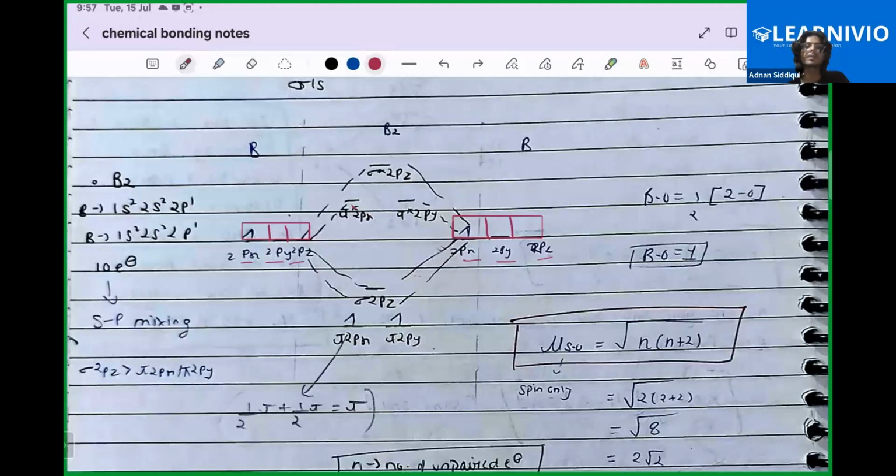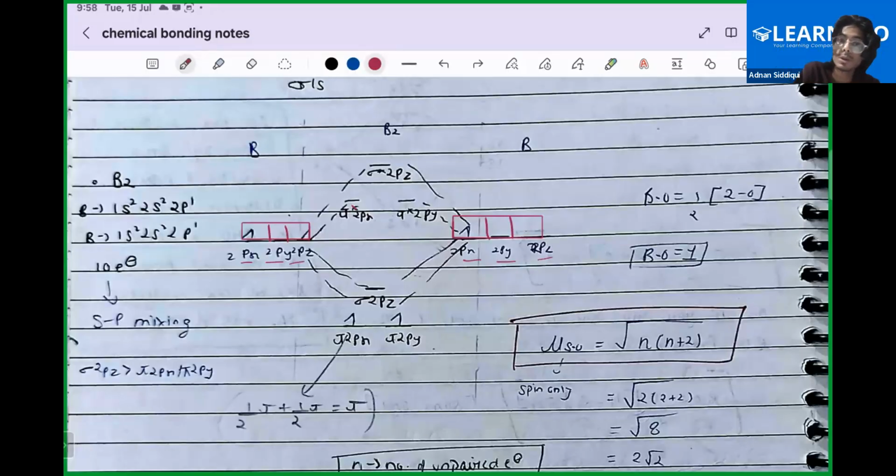Very good. Which one is HOMO then? HOMO is the highest occupied molecular orbital.